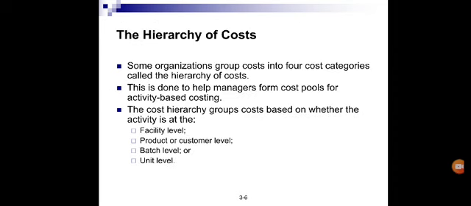Okay, this is the hierarchy of cost. Remember, I have told you, and you have also seen in the previous slide, that the first step in the implementation of ABC is to identify the activities of production.